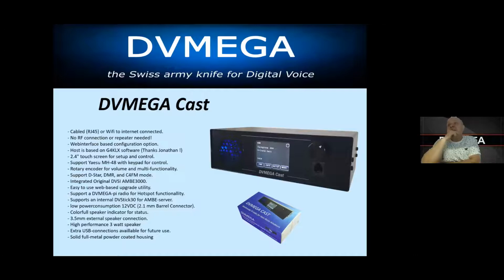It is an IP radio. It has, besides the Wi-Fi, no RF in. You connect your radio, allow me to call it a radio, it's an IP terminal, via LAN cable or Wi-Fi to the internet. So that gives you the ability to connect to networks.